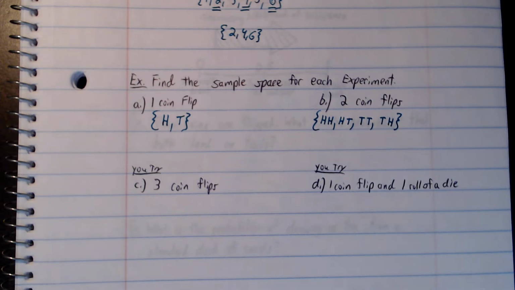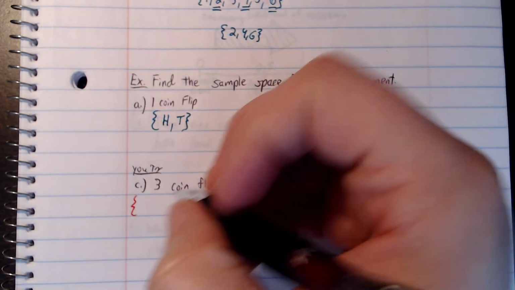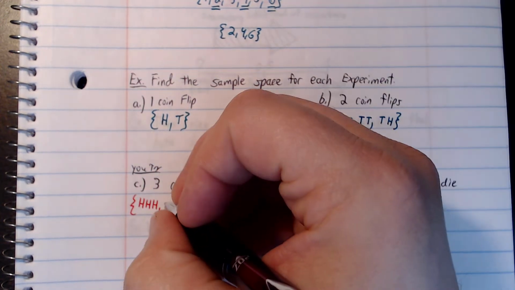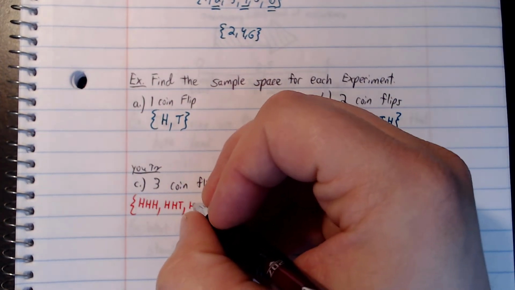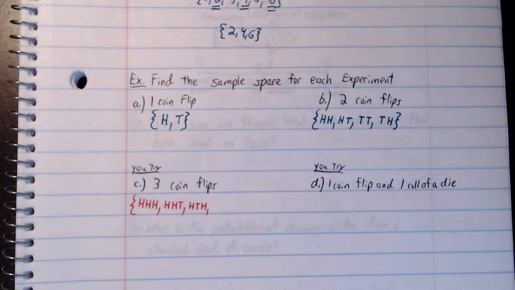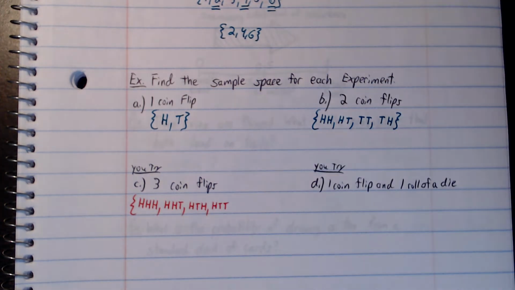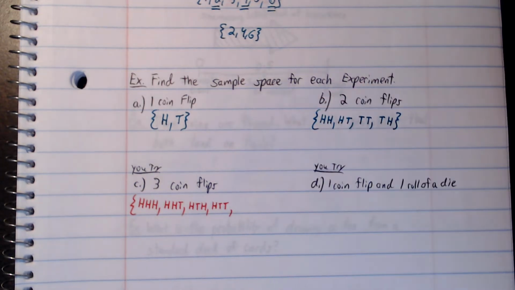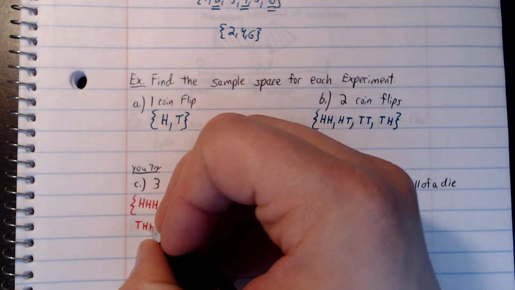All right, so I told you when you do these to be careful and organized. Organization is probably the biggest factor here. If I flip 3 coins, I could do heads, heads, and heads. I could do heads, heads, and tails. I could do heads, tails, heads. Or I could do heads, tails, tails. Or I could do tails, heads, heads.